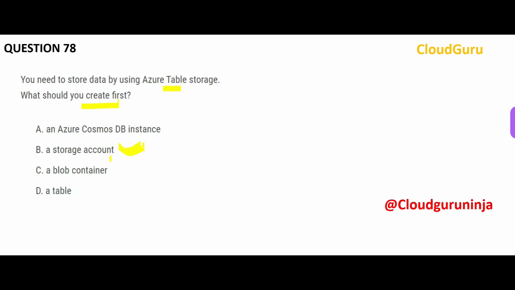Cosmos DB does not make sense because it is a different type of storage, and we are talking about table storage. Blob container is an object store. A table is just a table inside a database like Cosmos DB, but we have not heard about an individual table kind of thing. There is table storage, but I'm not aware of the table. So this is the final answer. You have to have a storage account first. That's the first thing you have to do.